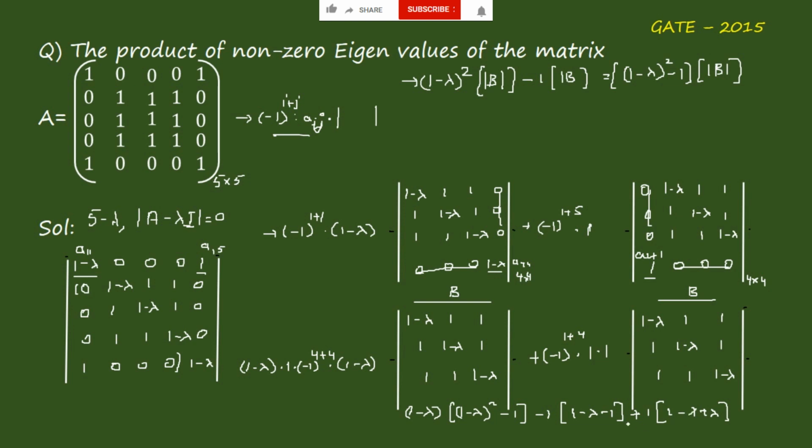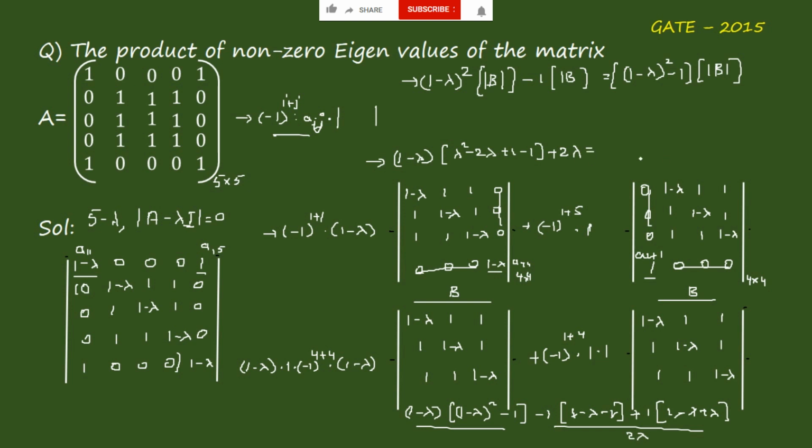So these two get cancelled, these two get cancelled, minus 1 get cancelled, becomes 2 lambda, right? So we have to find this particular value now. Now this one is nothing but, it becomes 1 minus lambda into lambda square minus 2 lambda plus 1 minus 1 plus 2 lambda, right?